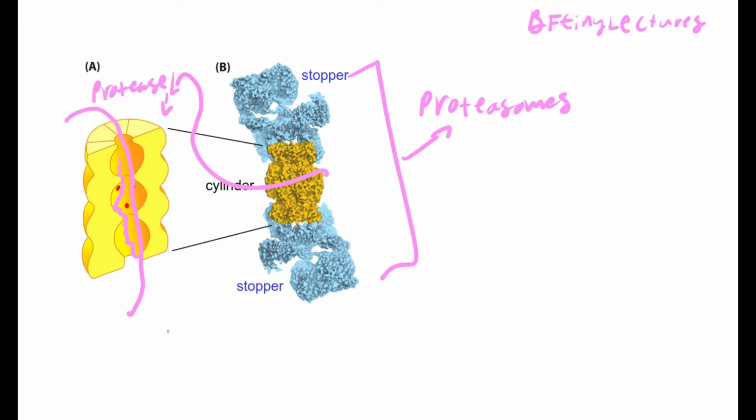So now this protein is degraded by protease. Okay? So that is how we can get rid of proteins. So again, to recap, proteasomes break down proteins by using protease, and protease can be found within the center cylinder of the proteasomes.